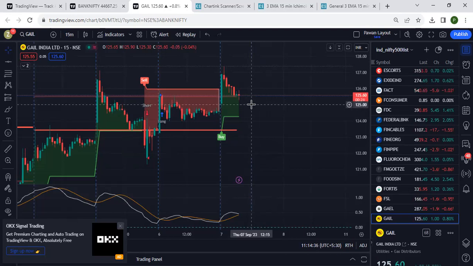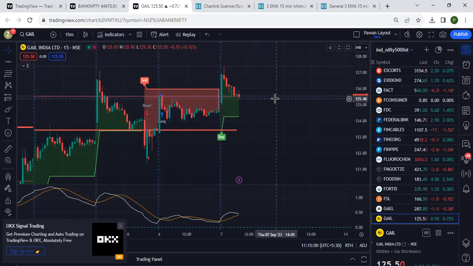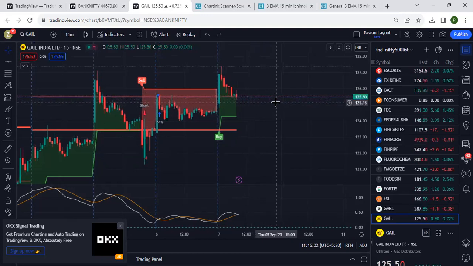Bulls are playing the game here right now. The stock, just after opening, has been retraced to the level of 125.20 and may retrace up to 125.15. Just wait and watch.